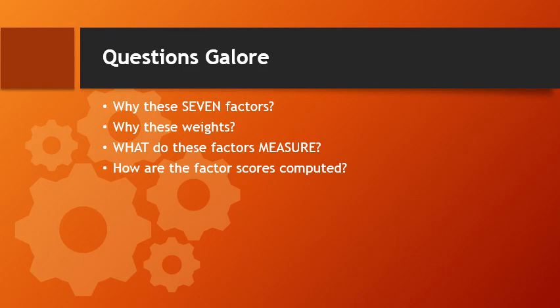So the question is, why are these 7 factors there? There are many others we could think of. Why these weights? Some of them are 20%, some 5%. Why these? Why not others? What are these factors actually measuring? And actually, how do we calculate the factor scores? So we'll look at some of these questions.